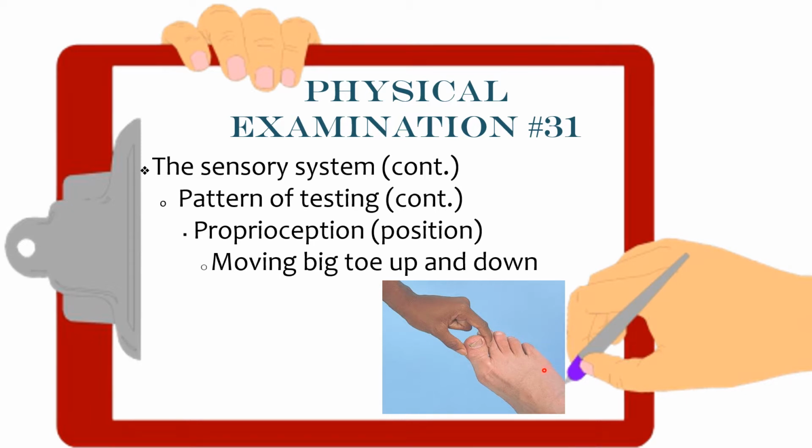Then with the patient's eyes closed, ask for a response of up or down when moving the large toe in a small arc. The loss of position sense, like loss of vibration sense, could suggest multiple sclerosis or B12 deficiency.